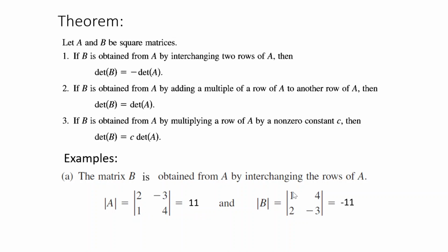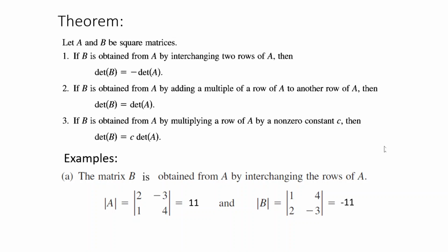On the other hand, if we solve for the determinant of this, we multiply these two: 1 times negative 3 is negative 3, minus 8, so we have negative 11. Observe that the determinant of B is the negative of the determinant of A. So that is how we illustrate this first item in this theorem.